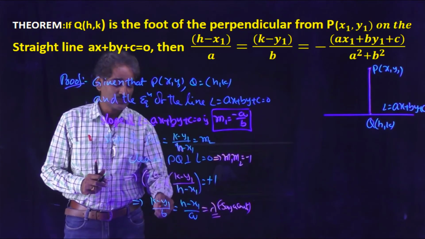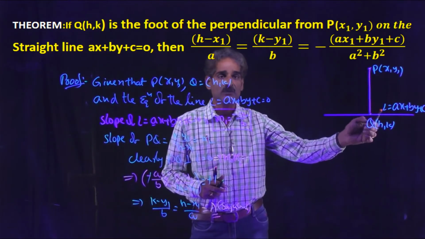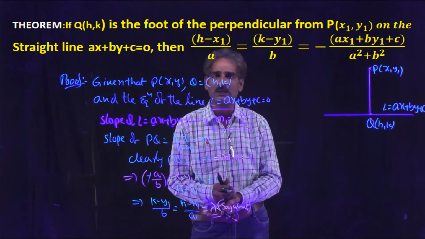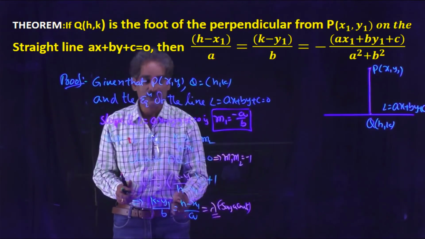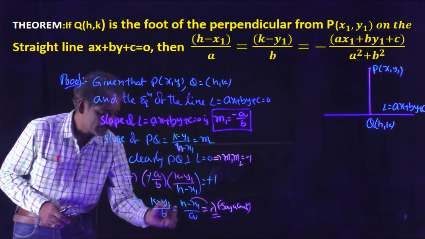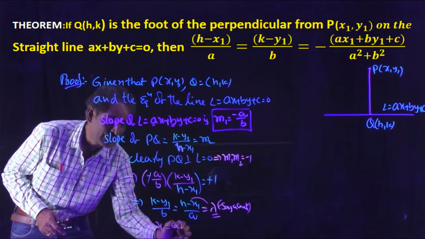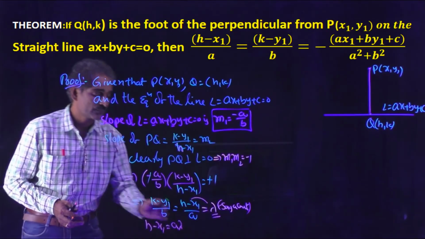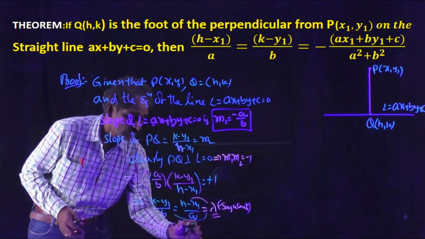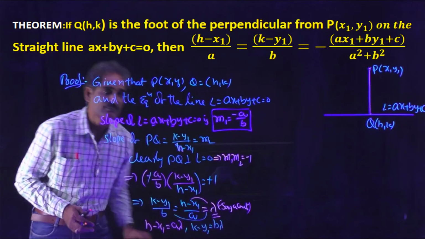So from this try to find out h, k values. Clearly (h, k) lies on this line. With the help of this concept we can find out lambda. So from this try to express h and k in terms of lambda. From these two, h - x1 = a lambda. From these two, k - y1 = b lambda.